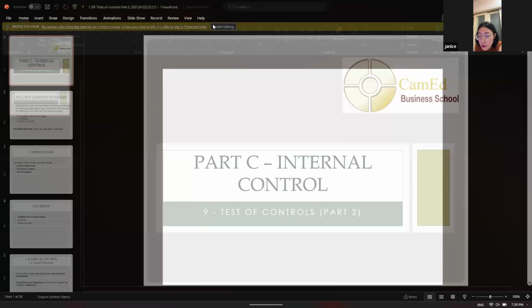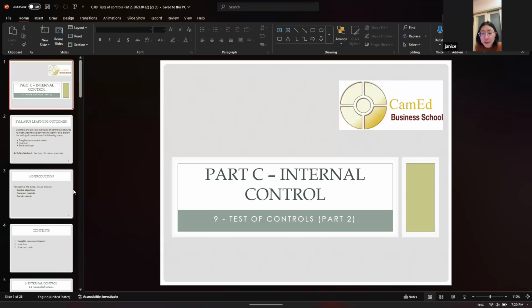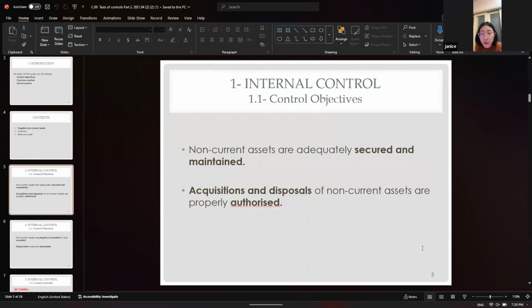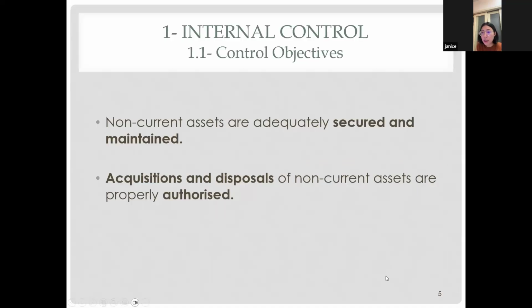All right, okay. So for the test of controls, if you guys remember, we actually went through some of the control objectives. For example, as control performed by the management, we need to ensure the non-current assets are secured, properly safeguarded, and properly maintained.